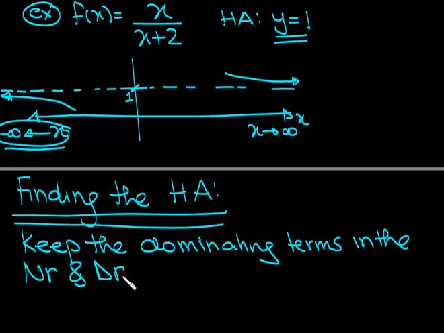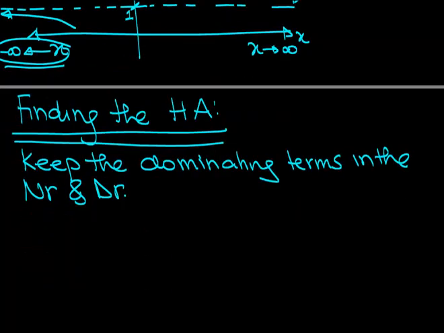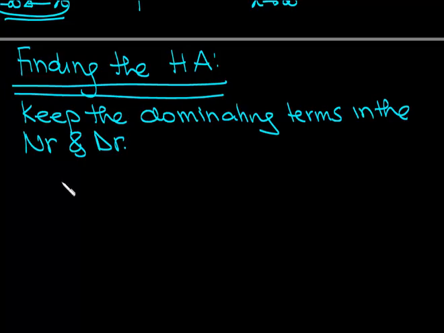So you not only keep the dominating terms in one polynomial, but both the top and the bottom, because we're talking about rational functions. We have polynomials on the top and polynomials on the bottom. Okay, and that's pretty much all we need to do, and check the behavior. Okay, and dominating on top and the bottom.